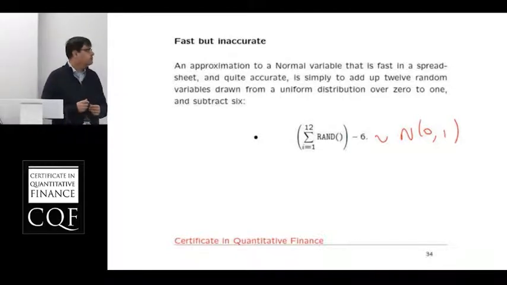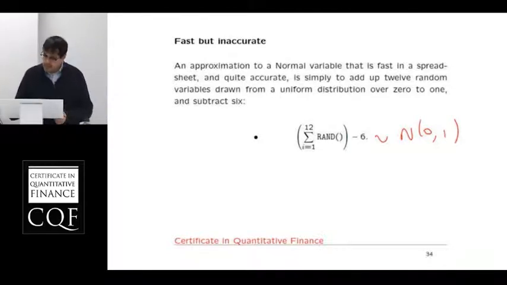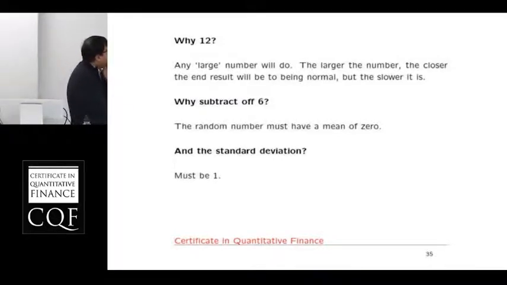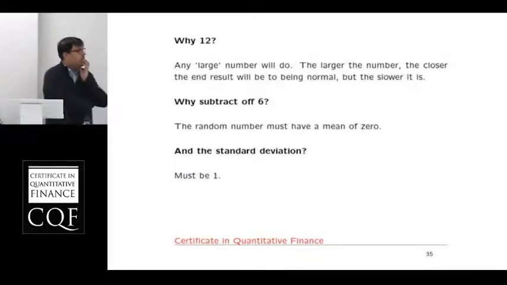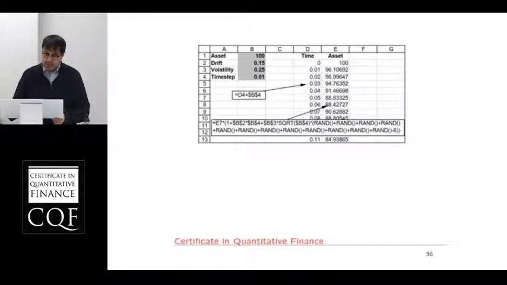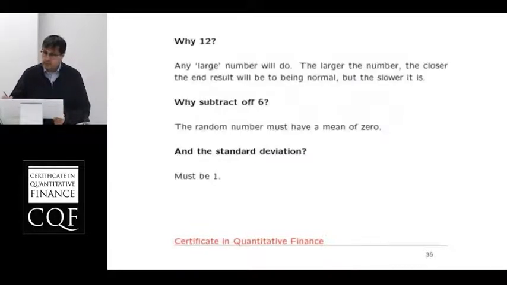That's where that comes from. And I think on the next slide, Paul says y12. You want to make sure that you get a mean of 0 and a variance of 1, or standard deviation of 1.